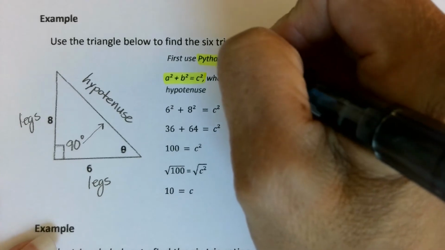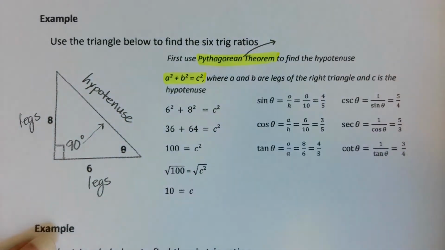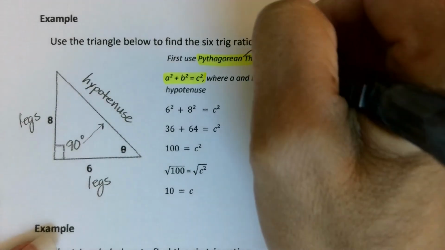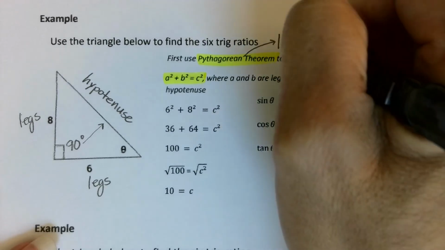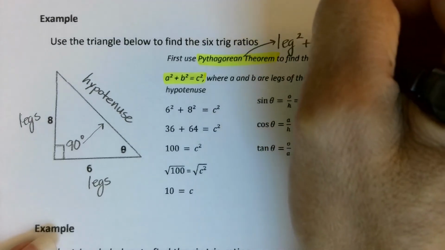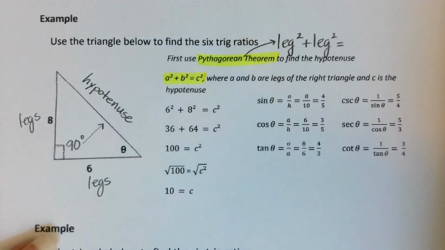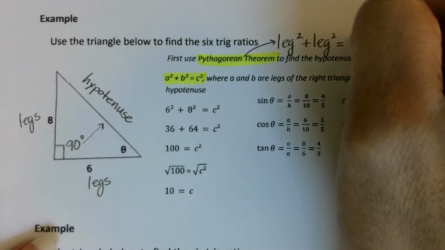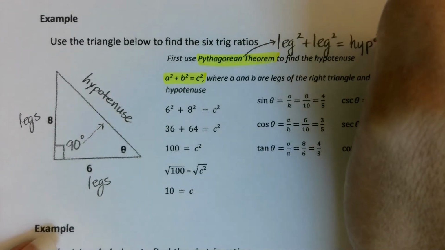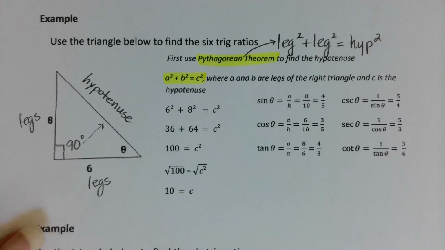So I want to suggest that you get into the habit of telling people, if you're asked what is the Pythagorean theorem, to actually say it is the sum of the squares of the legs will always result in the hypotenuse length squared. Okay? So leg squared plus leg squared will always equal the hypotenuse squared.